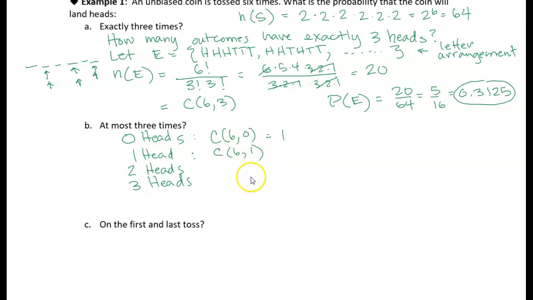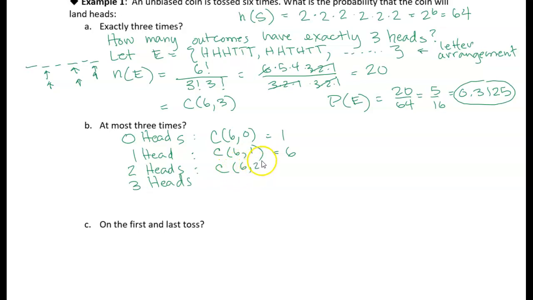Your events would look like I have 1 head and all the rest are tails. So just think about where you could put the head. You could put the head in the 1st position or the 2nd or the 3rd or the 4th or the 5th or the 6th position. So essentially you're going to get the 6. You don't really have to calculate it out, because it's just going to be 6 over 1, but there's 6 different ways to get 1 head.